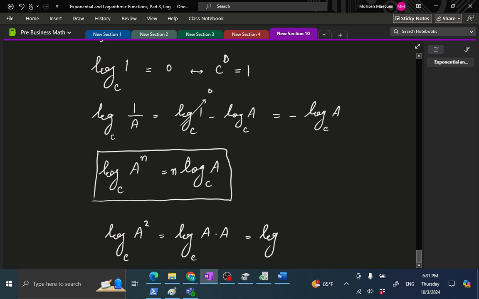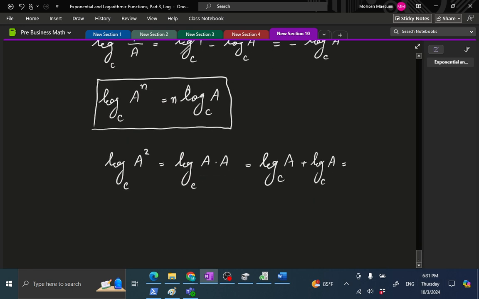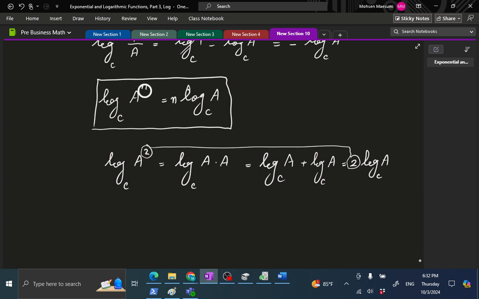Logarithm of the first a in base c plus logarithm of the second a in base c. Well, if I add two things, what do I get? I get 2 of one of them, 2 times logarithm of a in base c. So all that has happened is that this became a coefficient here. It is true for power 3, 4, and so on. It's true for any exponent in general.